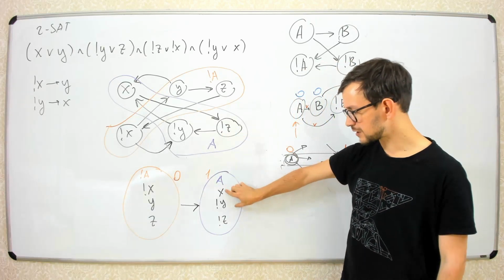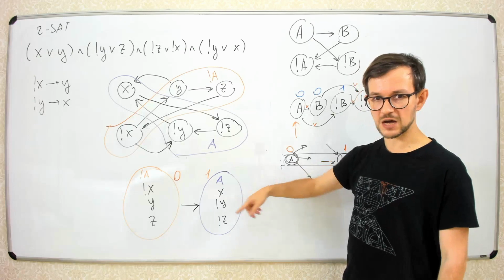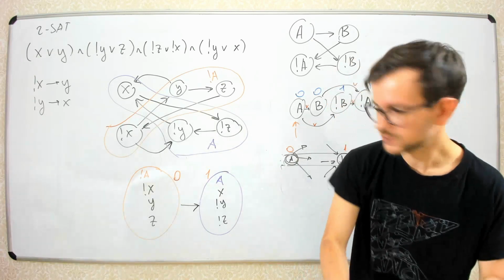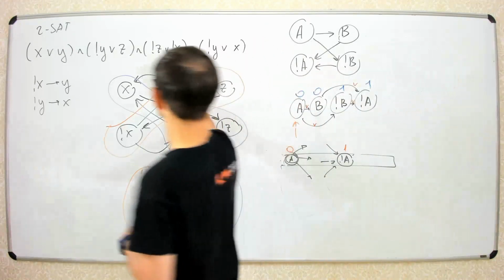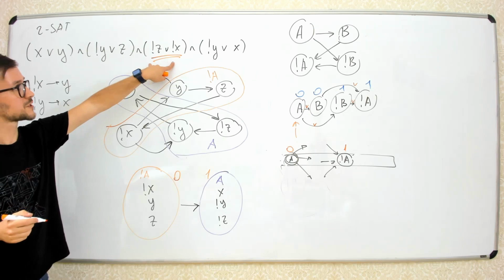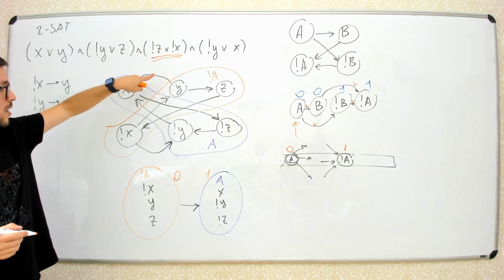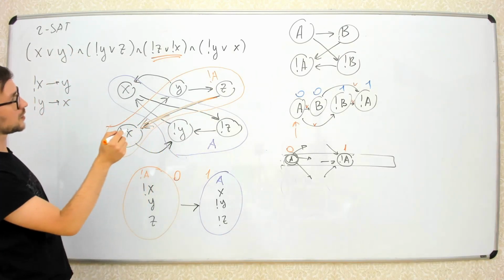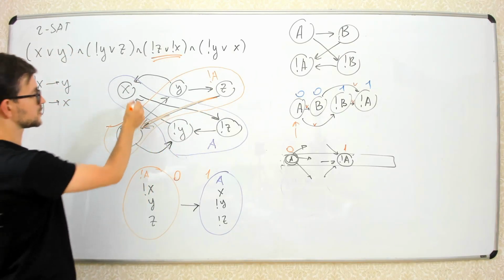If it is inside, then both things are either false or true. So, for example, let's look at this clause: not z or not x. From this clause, we made these two edges, this edge and this edge.